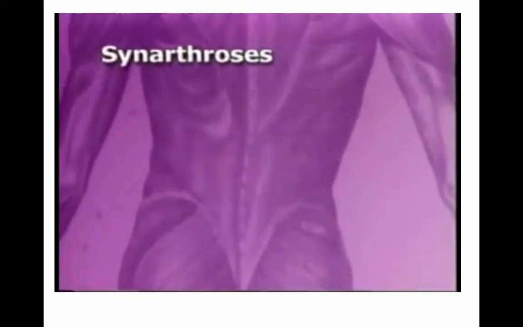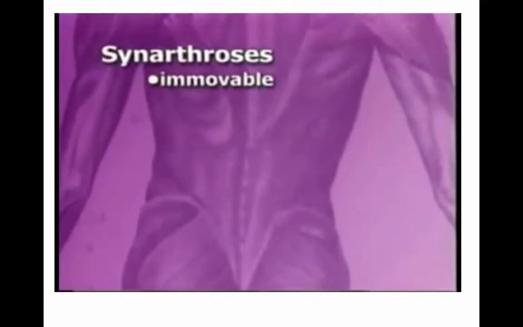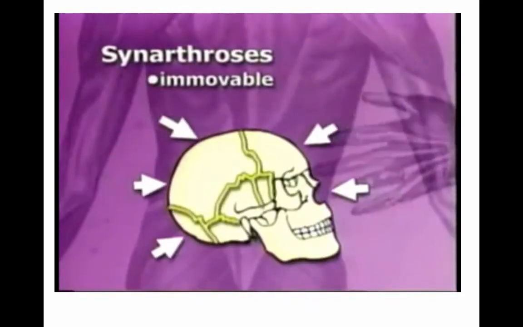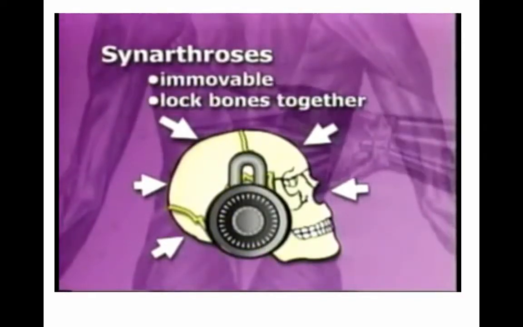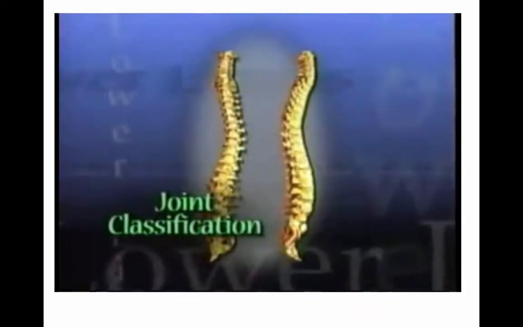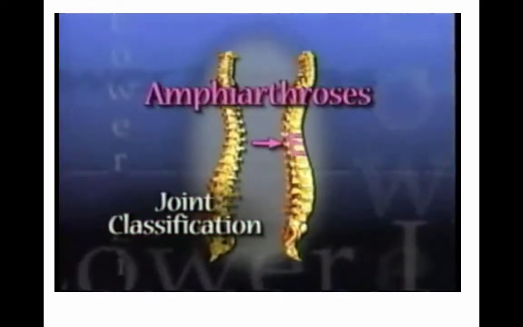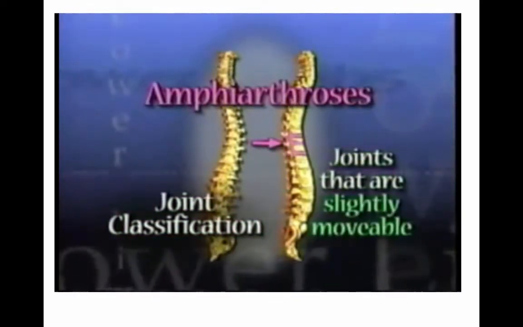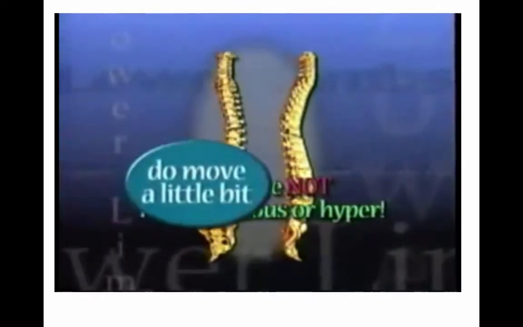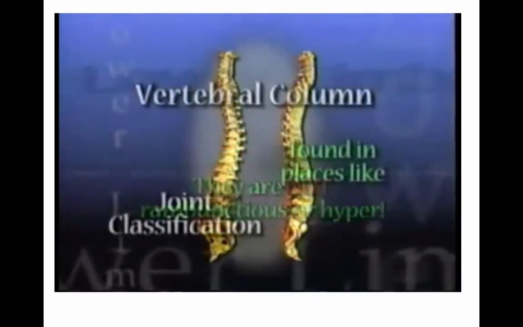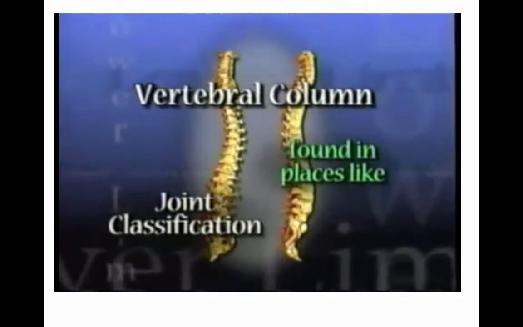Synarthroses refer to joints that are immovable. These types of joints are found in places like the cranium. Synarthrotic joints lock bones together. They just won't budge. The classification amphiarthroses refer to joints that are slightly movable. They're not rambunctious or hyper, but they do move a little bit. These joints are found in places like the vertebral column.